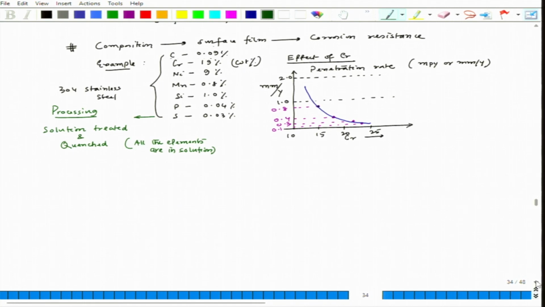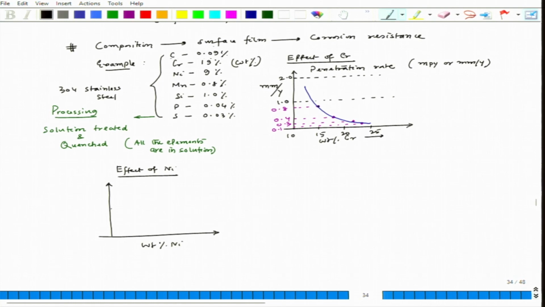Here the nickel content is maintained between a certain range to make it austenite. So, the effect of nickel content would be, and remember every time we are considering weight percent of nickel, here weight percent of nickel.